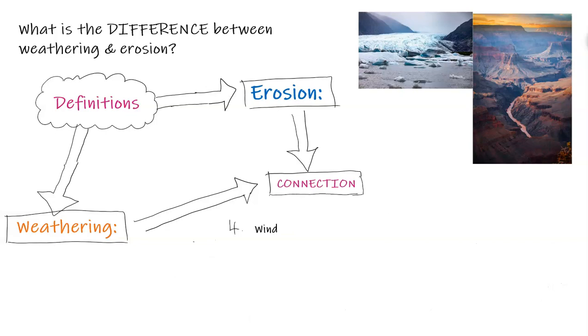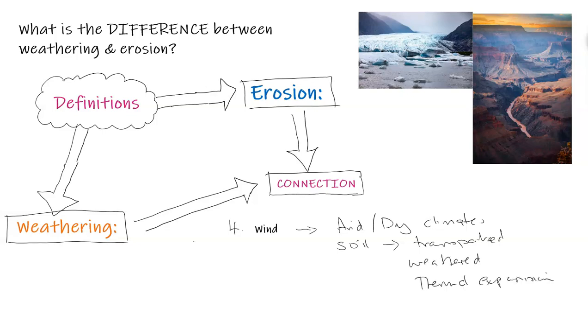Last one's wind. So I've mentioned wind in other areas, with the oceans in particular, but wind across the Earth's surface can pick up, usually in arid or drier climates or environments where maybe the soil erosion and degradation is optimal, the parts of the upper layer of the soil and the crust that are going to be easily transported, plus weathered through thermal expansion, maybe even freeze-thaw in certain areas where at nighttime it drops down below zero.